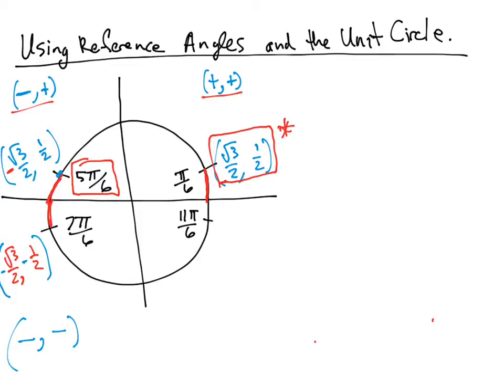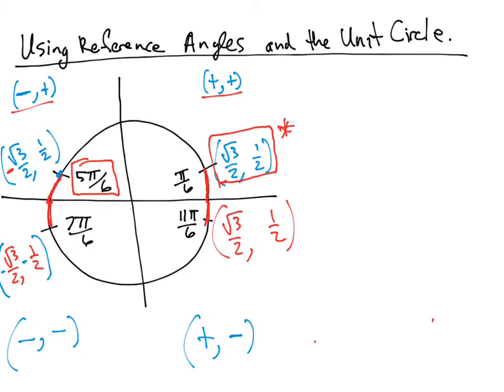And then lastly, 11 pi over 6, that reference angle is pi over 6. Pi over 6 has coordinates root 3 over 2 and 1/2. So the coordinates here are going to be root 3 over 2, 1/2. When we are in quadrant number 4, x is positive, y is negative.